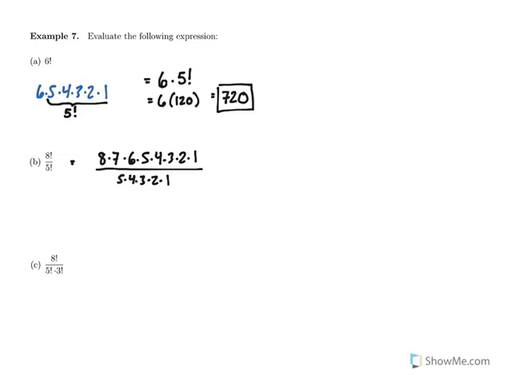But there's some shortcuts we can do in this calculation. Since this is all multiplied together, we can cancel out some terms. We have a 5 on the top and the bottom, a 4 on the top and the bottom, a 3, a 2, and a 1, which means that this whole thing is just going to turn out to be 8 times 7 times 6, which will be 336.